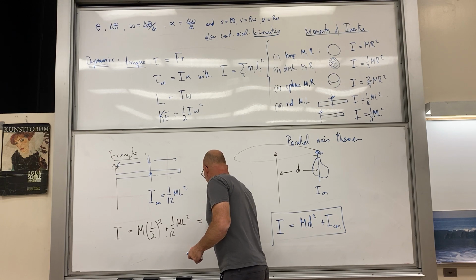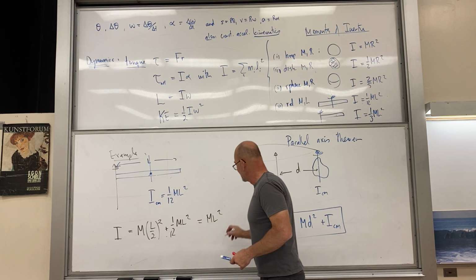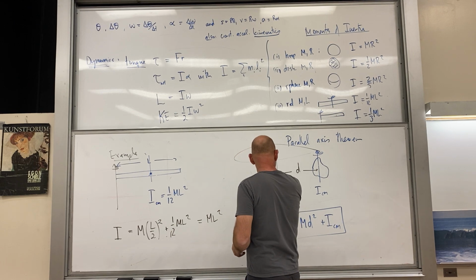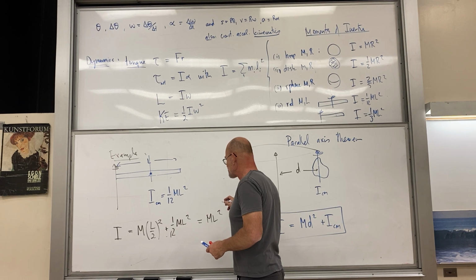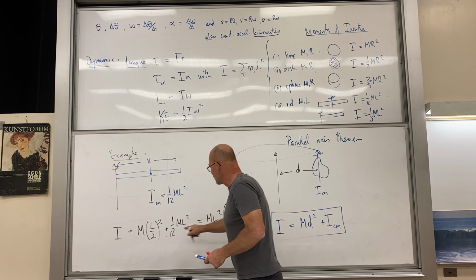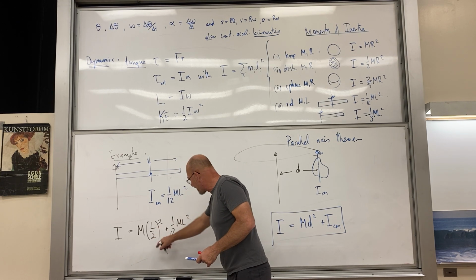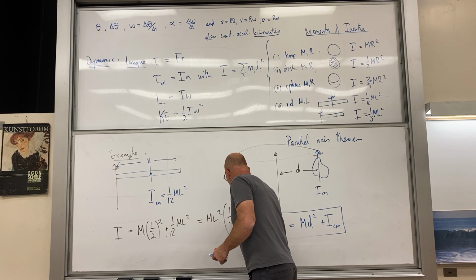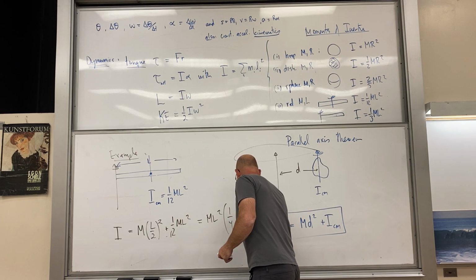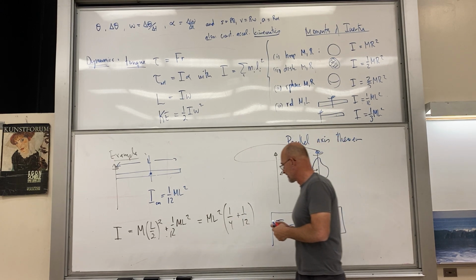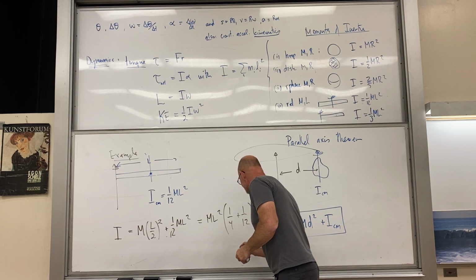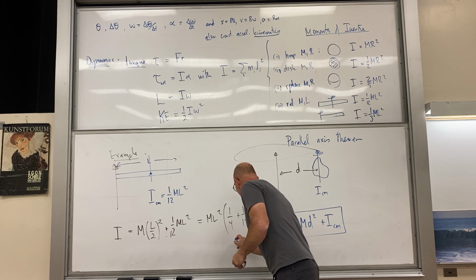Now let's see what happens. We've got ml squared, and then we're going to add 1/4, right? Half squared, 1/4 plus 1/12. And that is 16 over 48, which is 1/3.